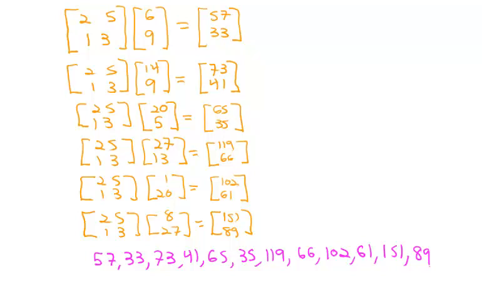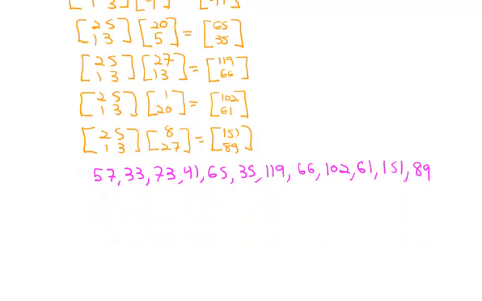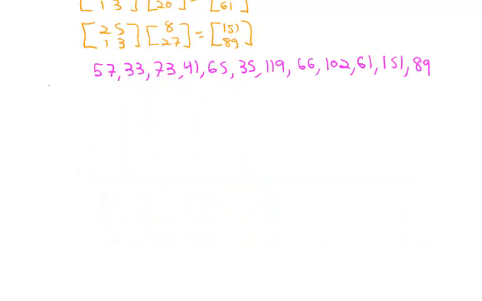And that becomes our coded message. The only way to decode this message is if you know what the key was to begin with and can find its inverse. So let's look at actually decoding this message.